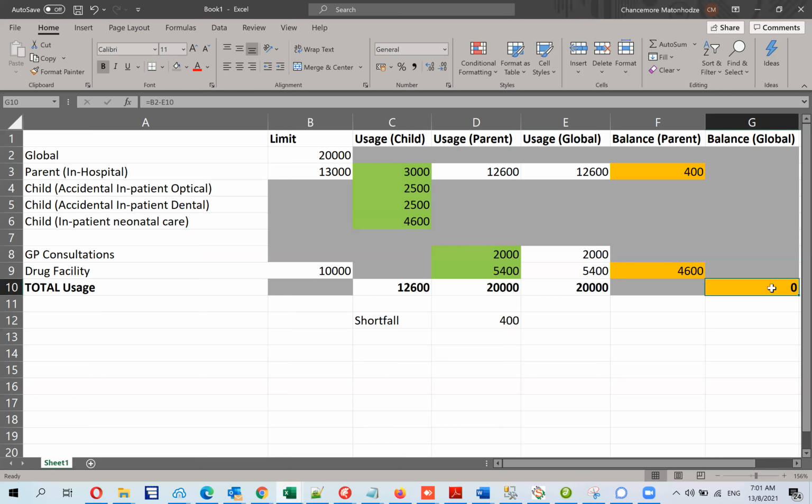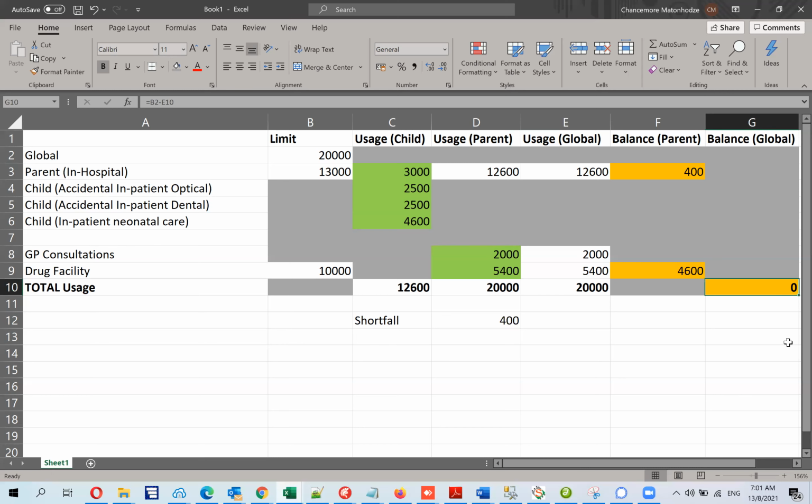I would like to ask, would it not have been practical for us to have considered putting a drug limit which is commensurate to the total of all other benefits, so that it comes up to 20,000? My question is simply saying, I've got a global limit of 20,000.